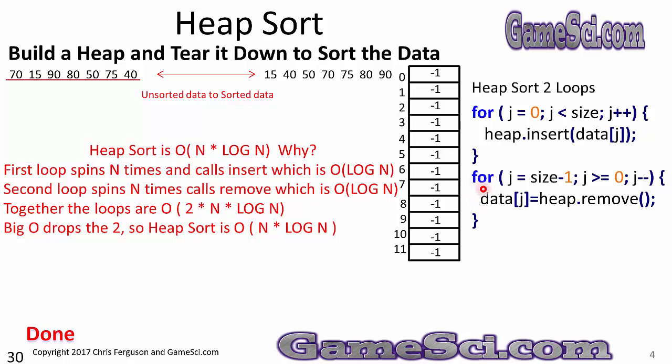This loop will spin n times, and each time during that loop it will call remove, which is order of log n. Together the two loops are order of 2 times n times log n, but big O drops the 2, so heap sort is an order of n times log n algorithm.